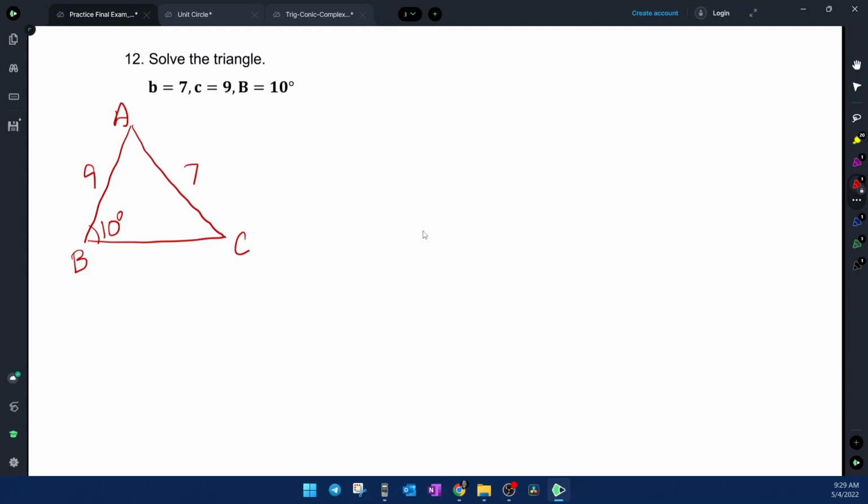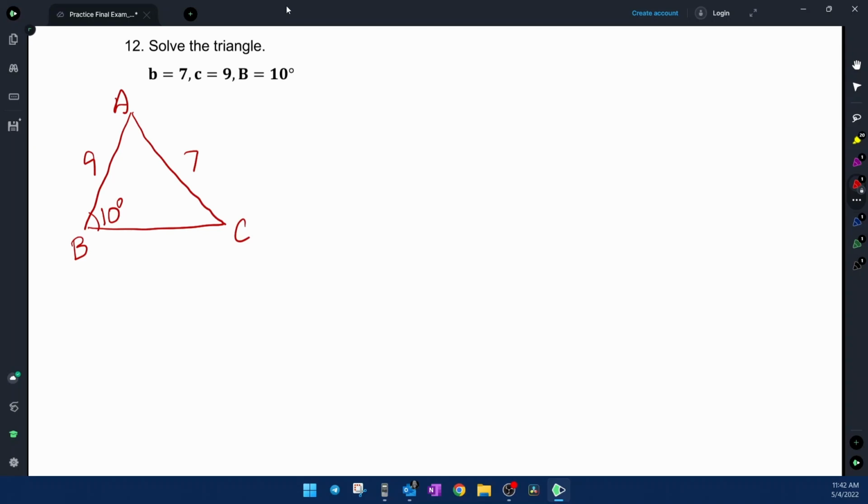And what I notice is that I am given only one angle that is acute, and the opposite side is less than the other side. So this meets the criteria for the ambiguous case, meaning that we are going to need to check to see if this particular problem has two sets of answers.